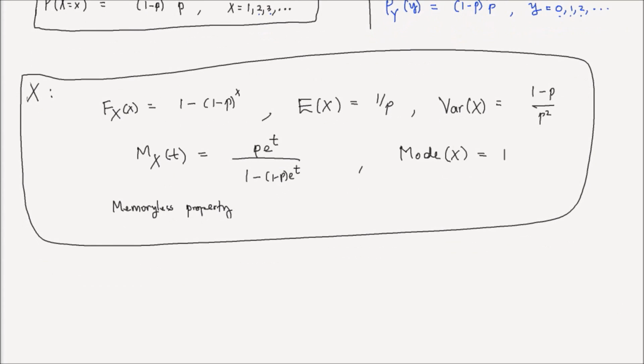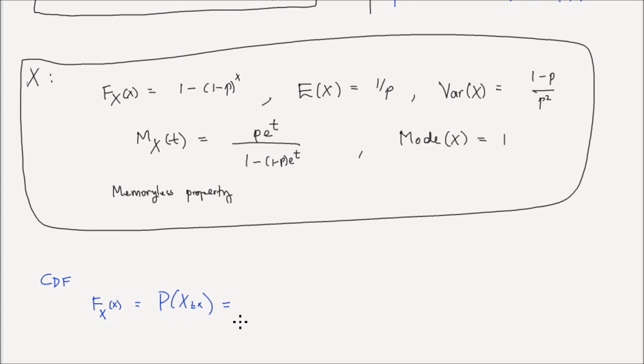The CDF is, by definition, F of x, which is the probability that X is less than or equal to little x. It's easier to find the probability of the complement of X less than or equal to x. So the CDF is equal to 1 minus the probability of the complement of that event, which is X greater than little x.